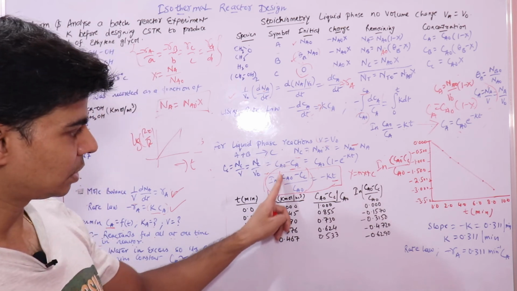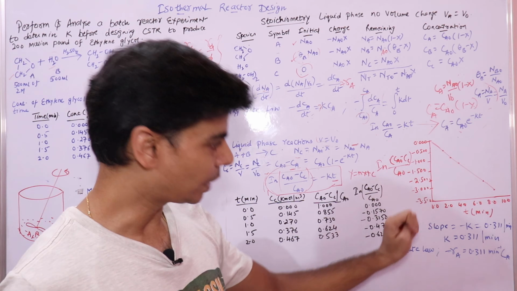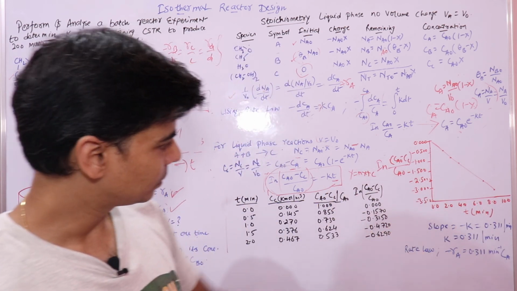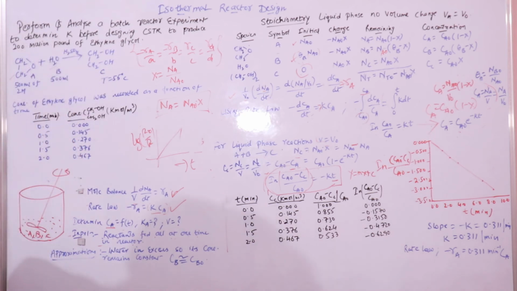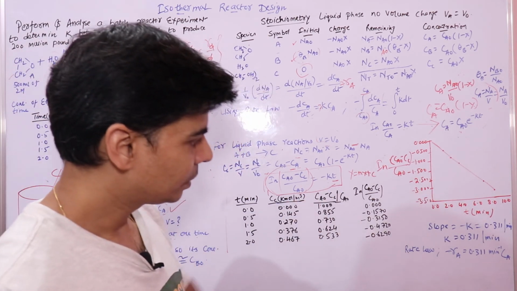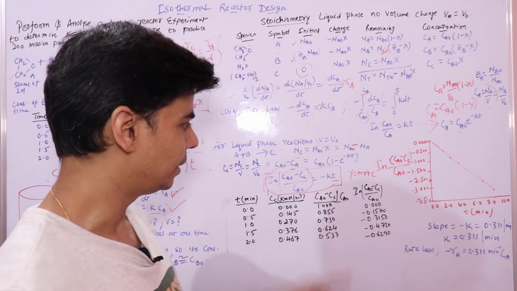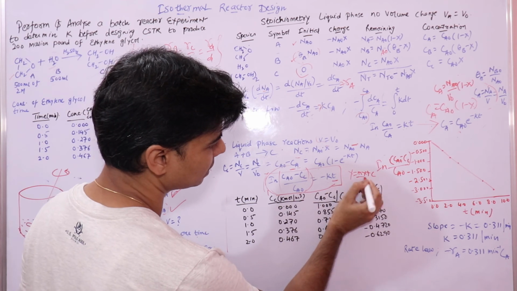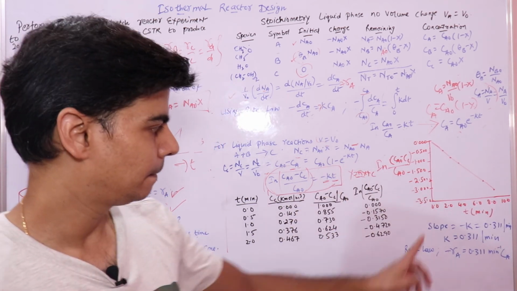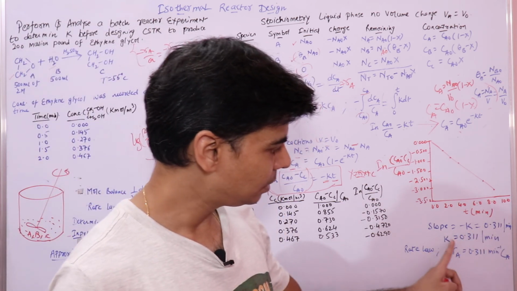The natural logarithm of Ca0 minus Cc upon Ca0 goes on the y-axis, and t goes on the x-axis. From these values you get the slope. Comparing with y equals mx plus c, slope m is equal to minus K, 0.311. So K is 0.311.